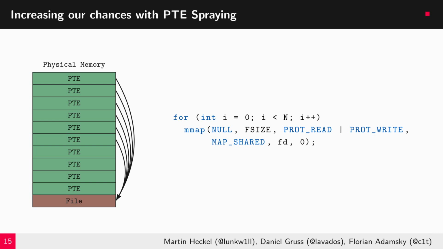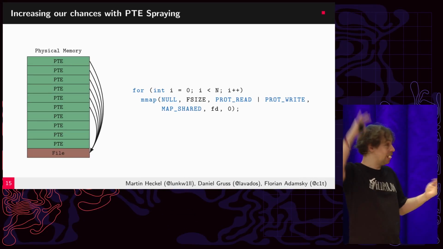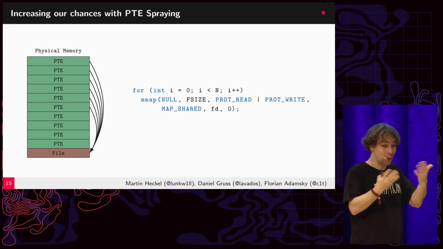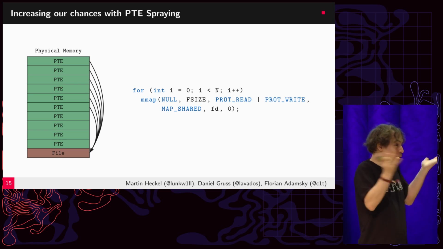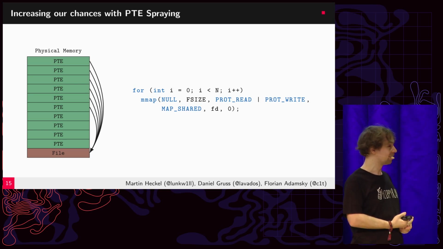And then I have a very high chance that any physical page number that I flip to will be a page table entry, because I filled the entire thing with page table entries. And the probability that I hit a page table entry is also very high, because it's filled all with page table entries.